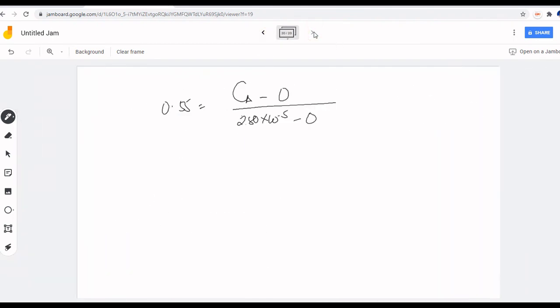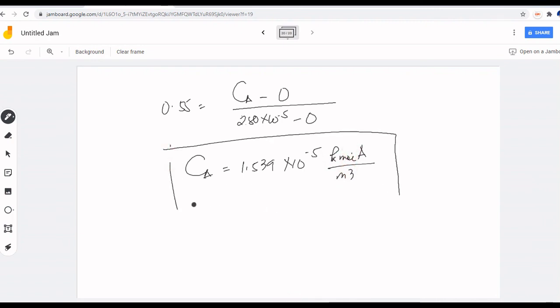So now you will have a value for CA which is equal to 1.539 times 10 raised to negative 5 kilomole of A per cubic meter. So this is the corresponding concentration of naphthalene at the exit part of the pipe.